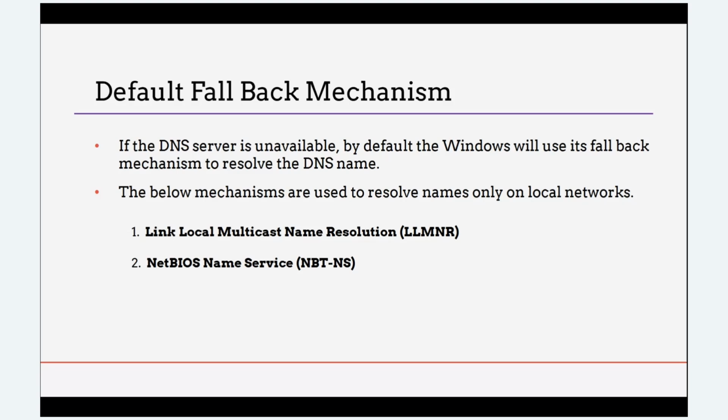It also supports IPv6 and IPv4, so that's a plus point. NetBIOS is the oldest one, and it just broadcasts and looks for a response from all the devices that are available there.